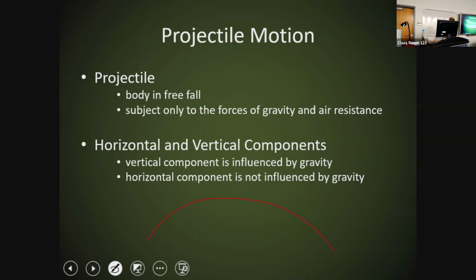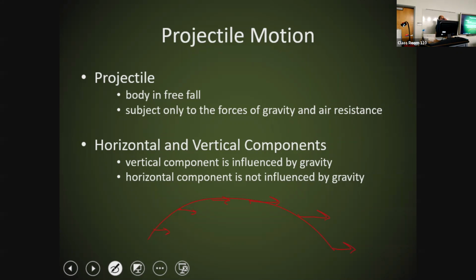There, you just throw a ball. At any point that you pick on this parabola, you're going to have a horizontal component moving in that direction. Or it could have maybe been thrown from that side and moving this side.